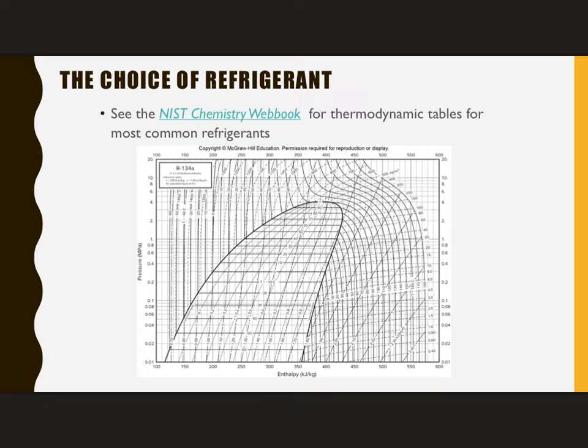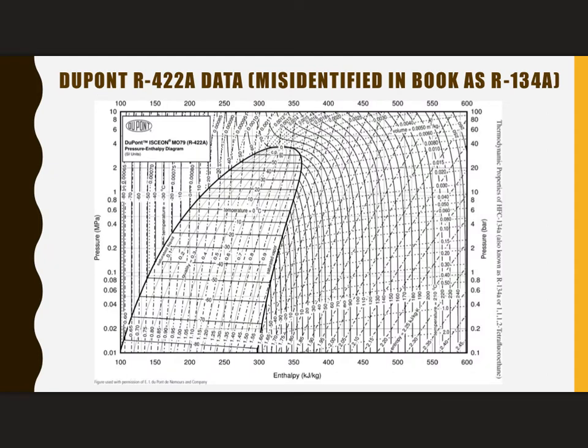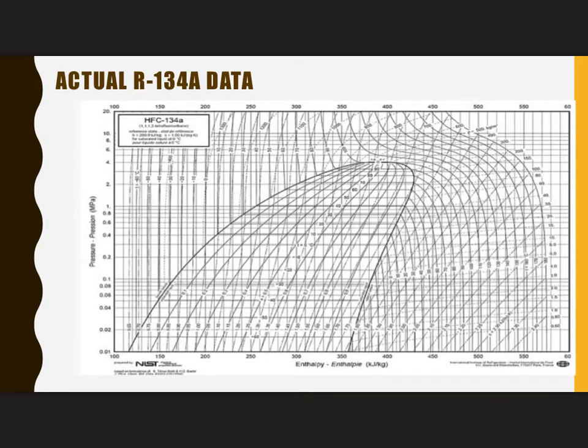But we have, for instance, refrigerant 134A, which operates at pressures up to about, TC is around 4 megapascals. We have our 422A, which has a similar pressure, okay. Our 134A, again, also a similar pressure.